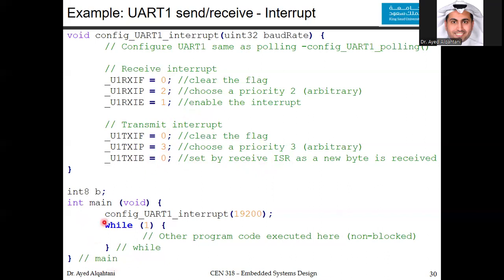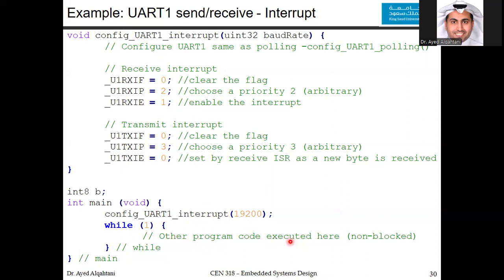Now in the main method, you would call the configuration. Remember, there are some lines here that are in the polling. So we set up the mode register, we set up the status, and we enable the interrupts. Here you call this one, and you specify the baud rate, and you go through the while loop, doing other program code, doing something totally different.